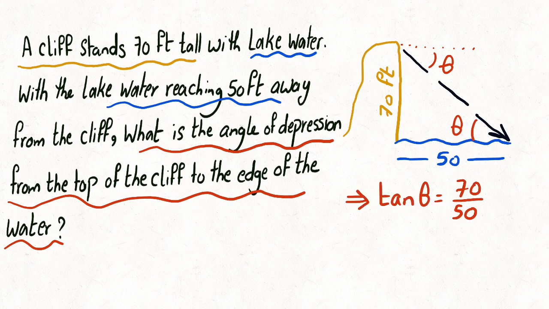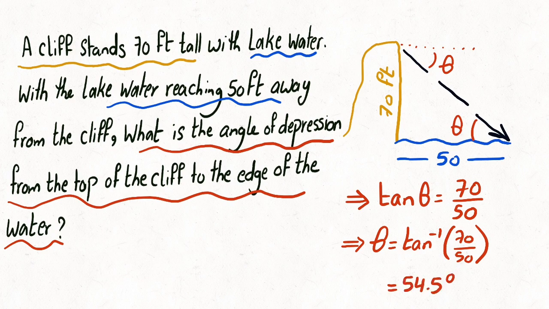And all you have to do is use the TOA rule: tan theta equals opposite over adjacent. You will find theta by taking tan inverse of 70 over 50, and you will discover that the angle of depression is 54.5 degrees. This is as simple as that.